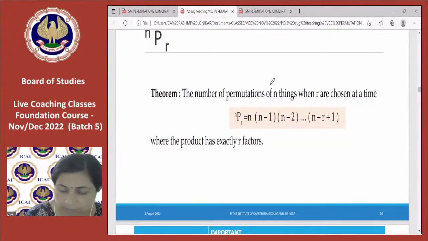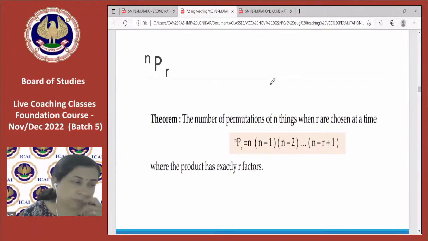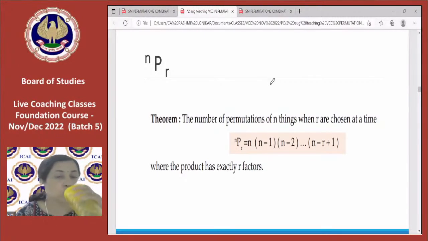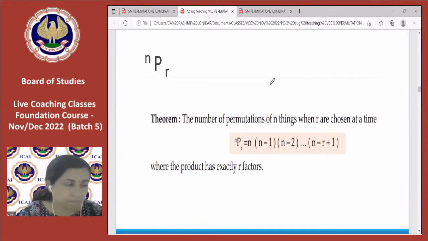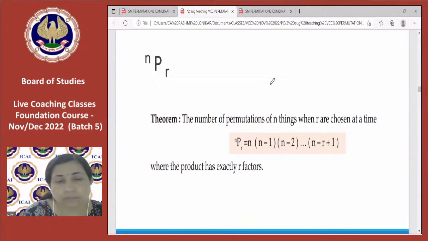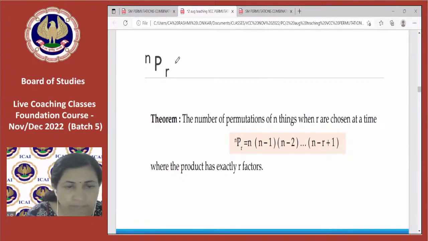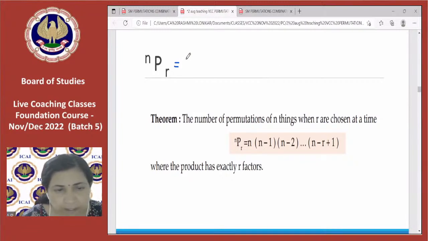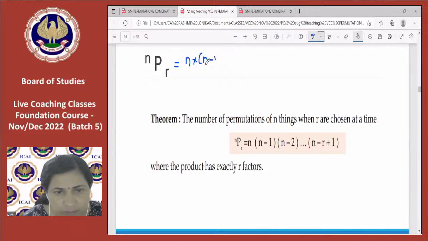This is represented by the symbol nPr, and this is a formula also. What does nPr say? nPr is n into n minus 1, into n minus 2, and so on, up to n minus r plus 1. We have done this in factorial.